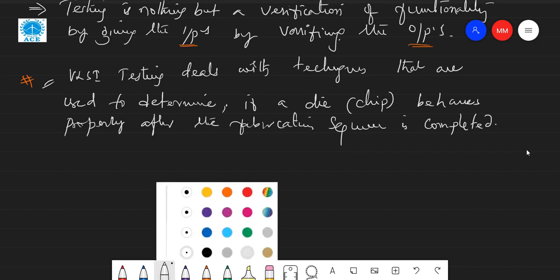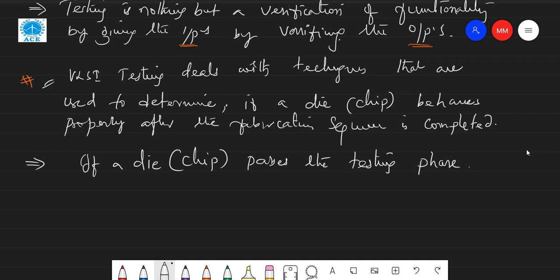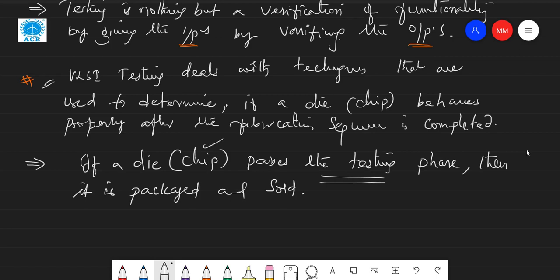So if a die, or rather a chip, passes the testing phase, meaning all methodologies, then it is packaged and sold. After passing all tests, the chip will be packaged and sold.